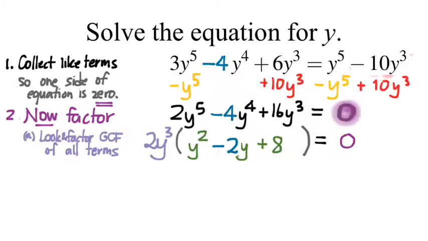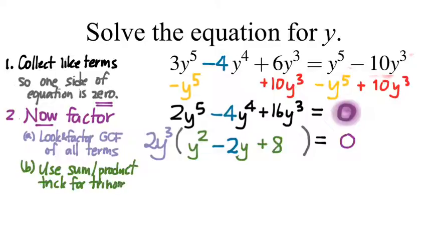And now that it's y squared minus 2y plus 8, how do I factor this quantity in green? Yeah, I'm going to use that sum and product trinomial trick for trinomials, where it applies.